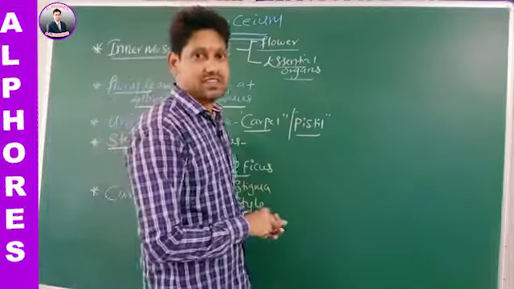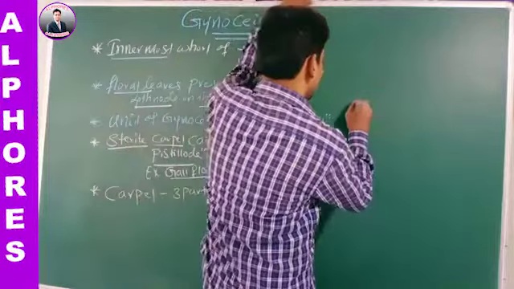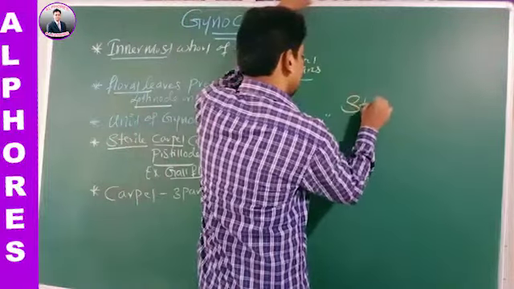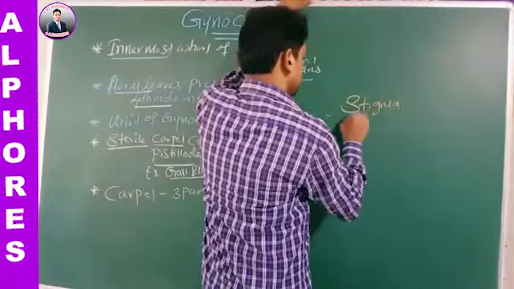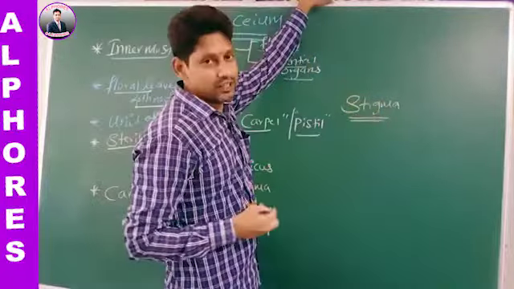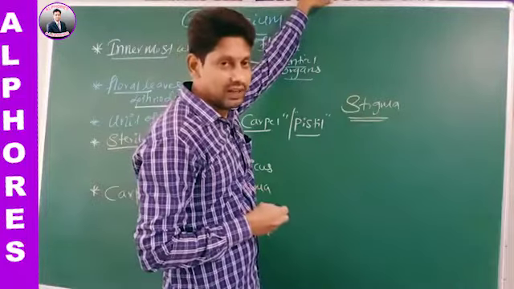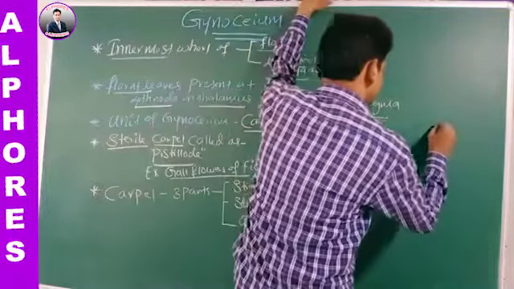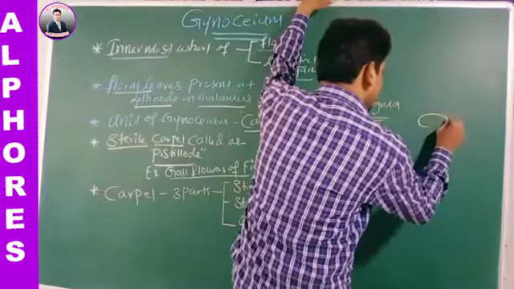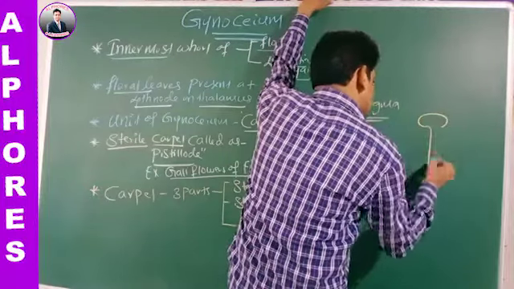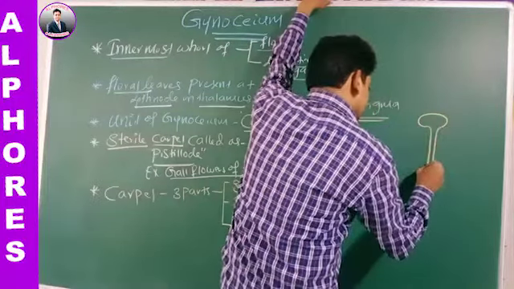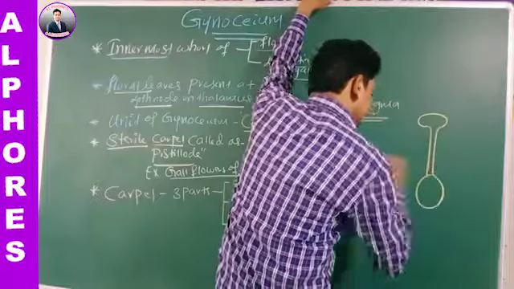Okay. What is the first one? Stigma. Now listen here. Just now I told carpel with how many parts? 3 parts. Stigma, style, ovary. Yes or no?